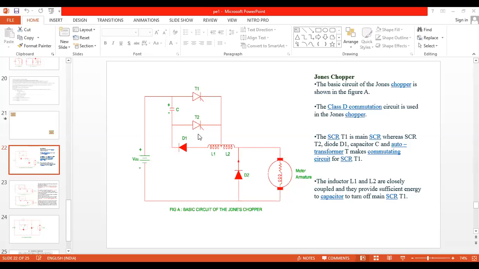In NASA systems also they use solar panels. When they are approaching a target, they have to stop the machine. How to stop the machine? You turn off the SCR T1. When SCR T1 is off, the machine speed starts to decrease, but the machine rotates at lower speed in the same direction because of the energy stored by the inductor.